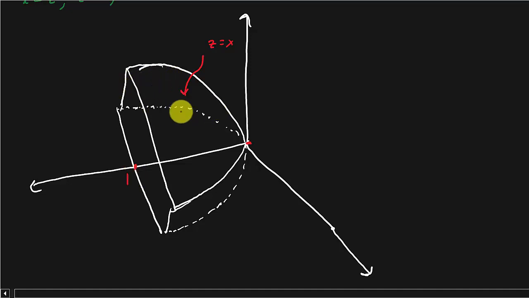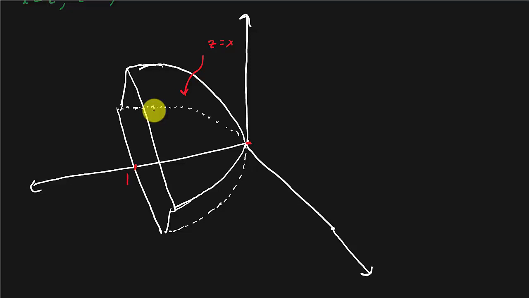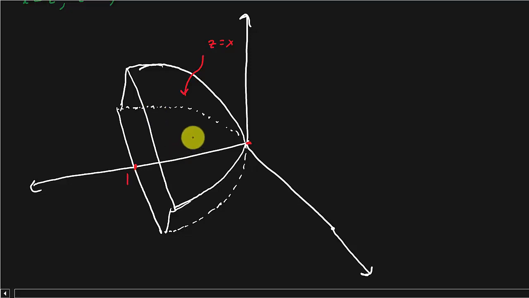This top here, that's your plane z equals x, the top of this thing. As x comes out 1, z goes up 1. X comes out 2, z is 2, and so on. I know we're just going out to 1, but notice as we come out on the x, z is getting larger and larger, so it's slanting up like that. And this is x, this is y, and this is z.